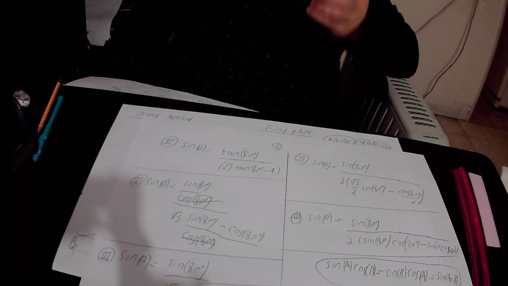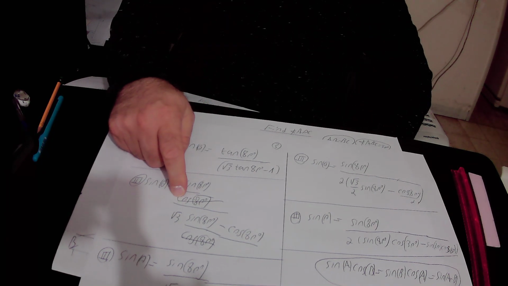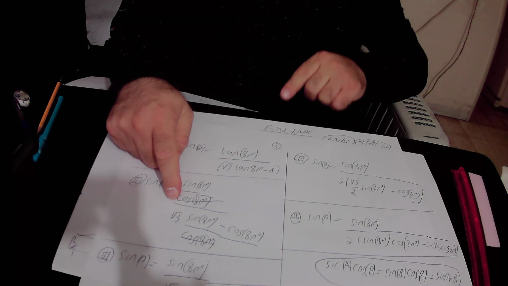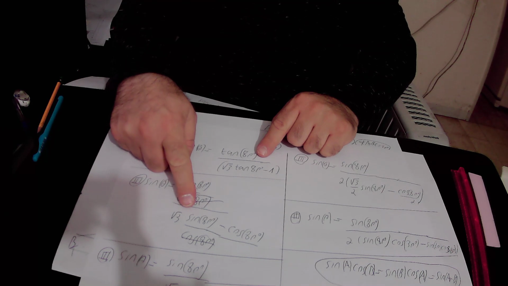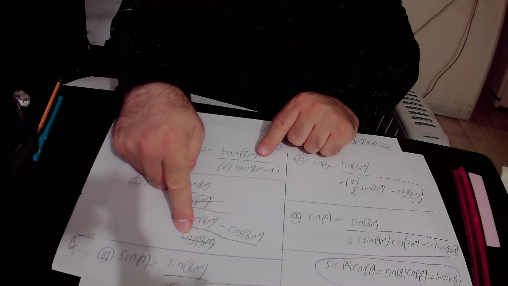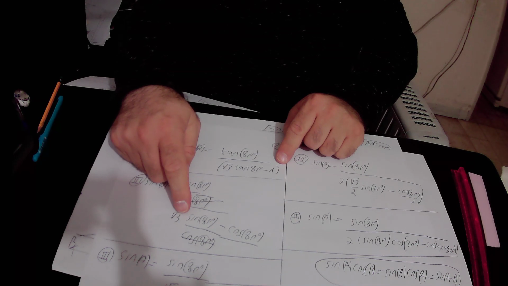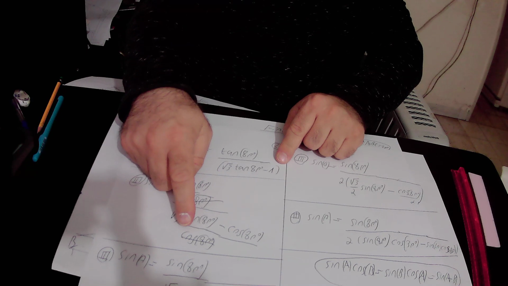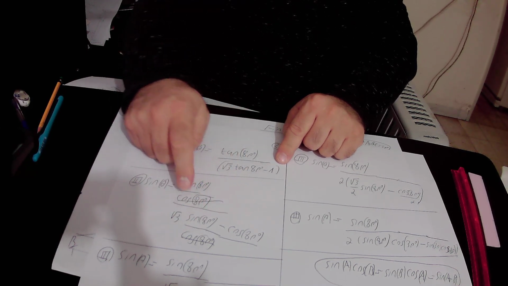We know that tangent 80 degrees equals sine 80 degrees over cosine 80 degrees, and we also have to subtract 1, so we substituted 1 by cosine 80 degrees over cosine 80 degrees in order to have a common factor with this expression.